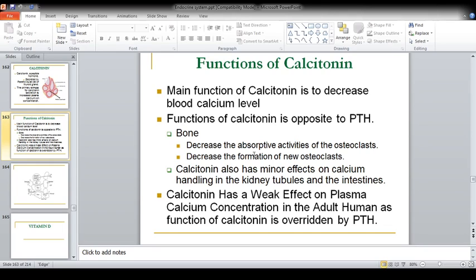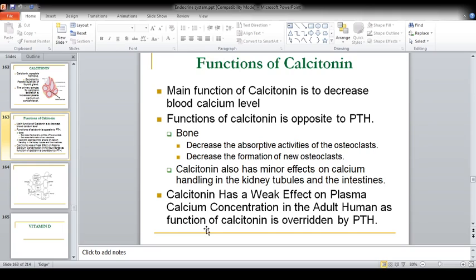Calcitonin also has minor effects on the calcium handling in the kidney tubules and the intestines. It would cause more excretion of calcium from the kidneys and less reabsorption from the intestines.